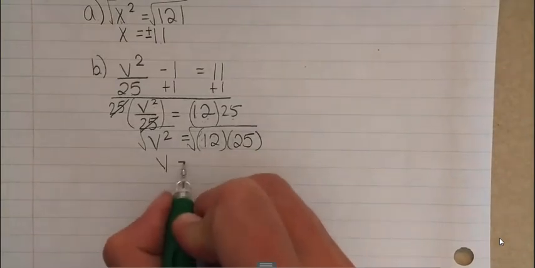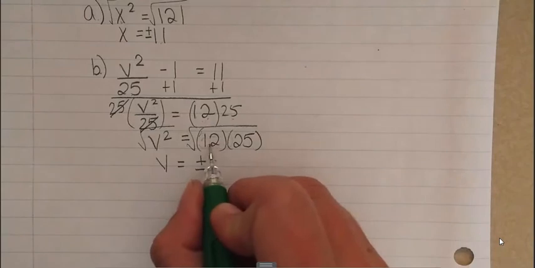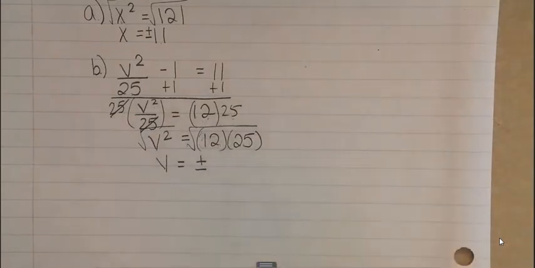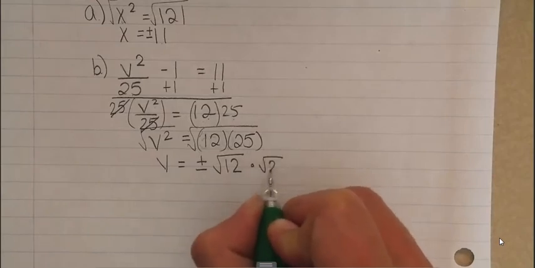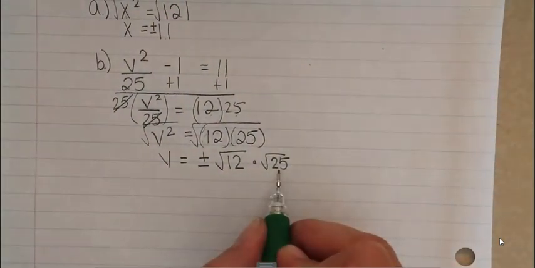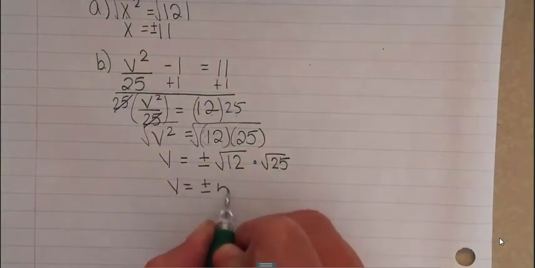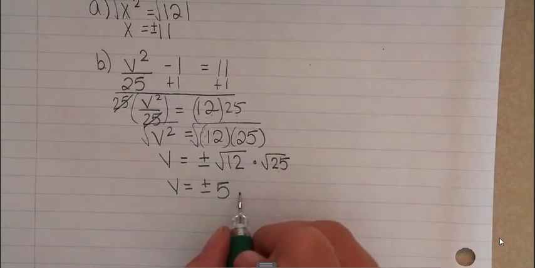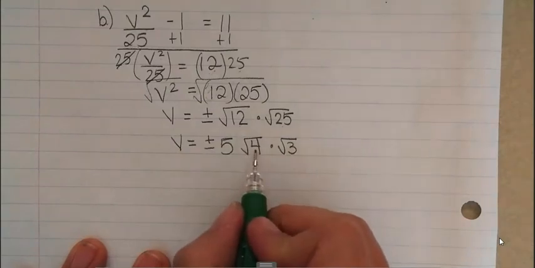So now I get v equals positive or negative the square root of 12 over the square root of 25. I'm going to break that up using that product property. I know that the square root of 25 is 5. The square root of 12 can be broken up into the square root of 4 and the square root of 3, and I know that the square root of 4 is really 2.